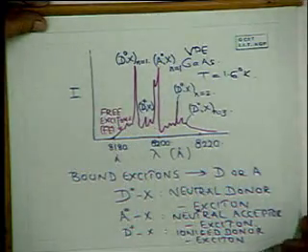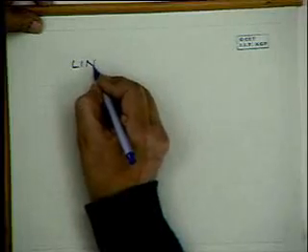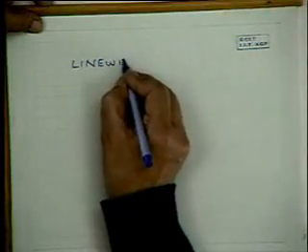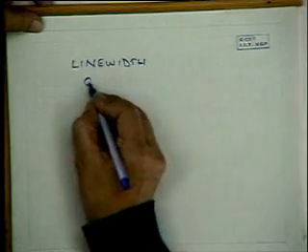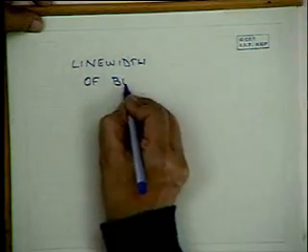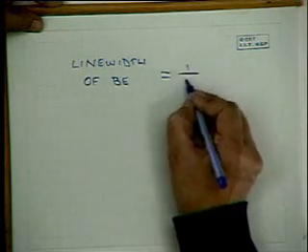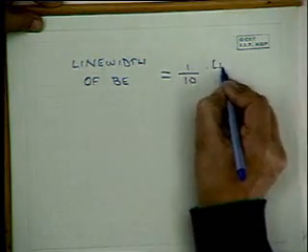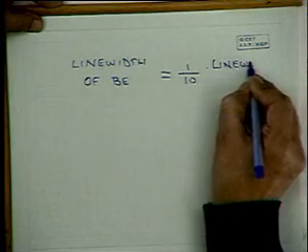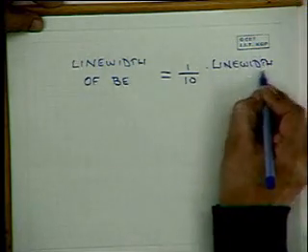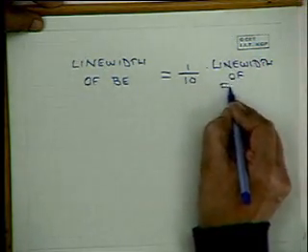It turns out that the line width of bound excitons is equal to about 1/10 of the line width of free excitons.